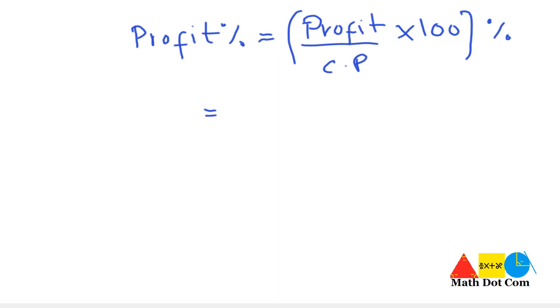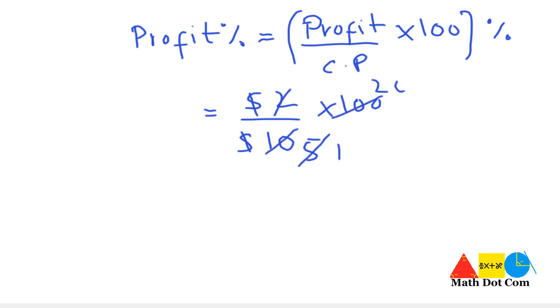Okay, we will put the values here. In the previous example we had the profit of $2, cost price was $10, and we multiply it with 100. What will we have? 20.